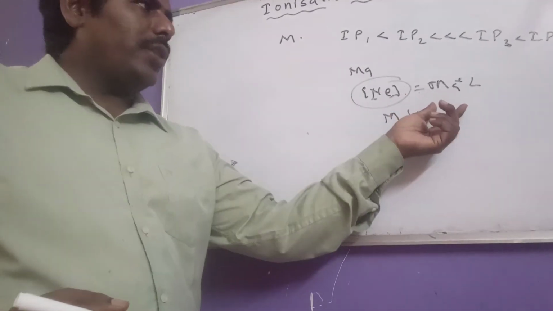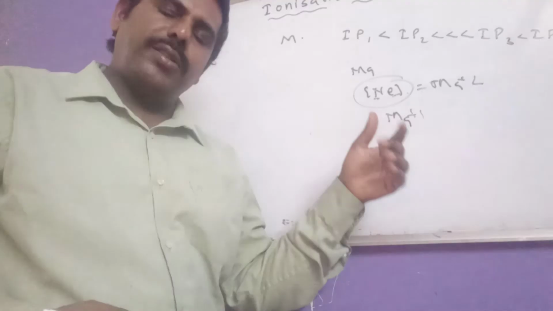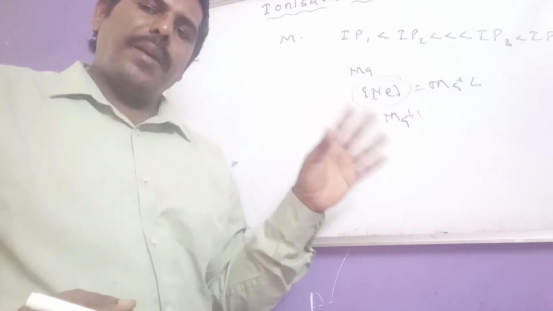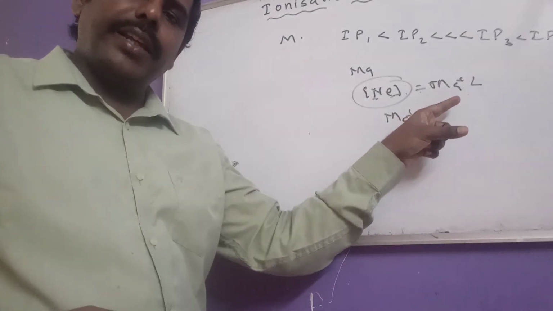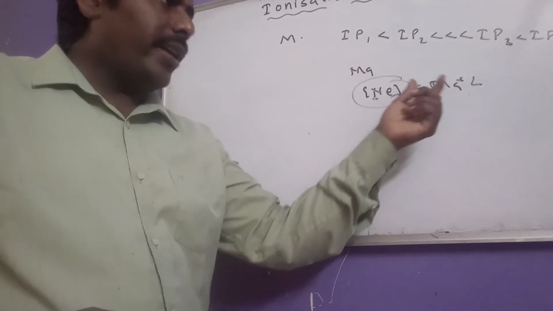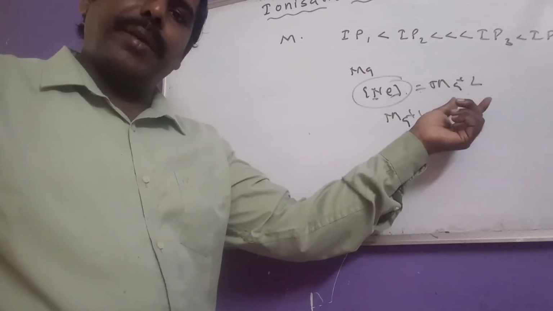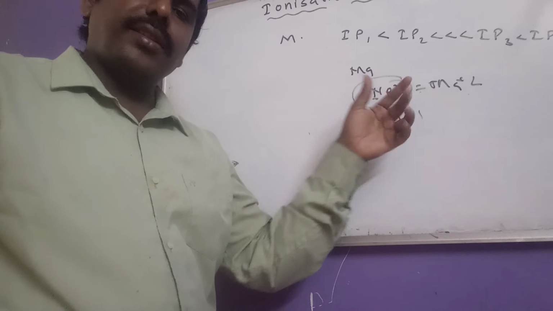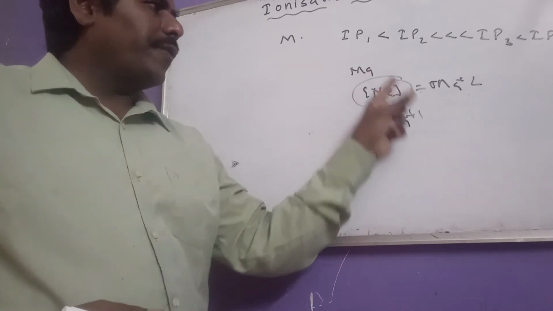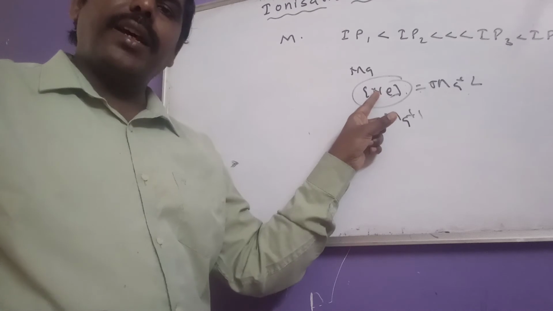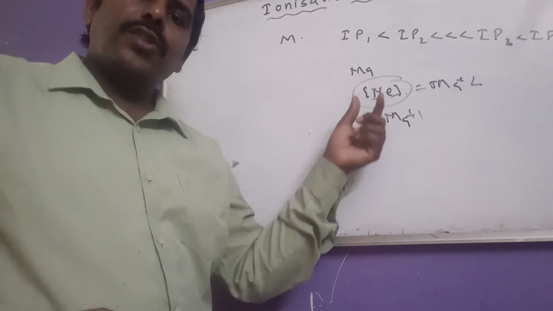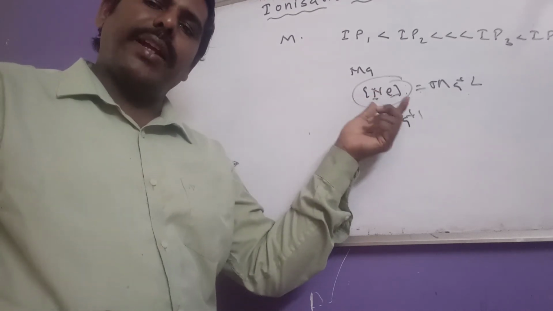So the first two electrons are lost easily. But if you want to remove a third electron from magnesium, or another electron from Mg plus 2, it is difficult, because after losing two electrons magnesium has got the inert gas configuration. So it is not interested in losing an electron now.